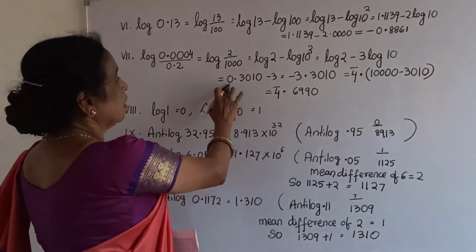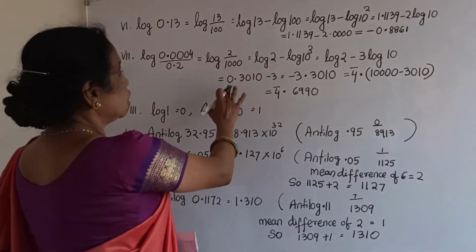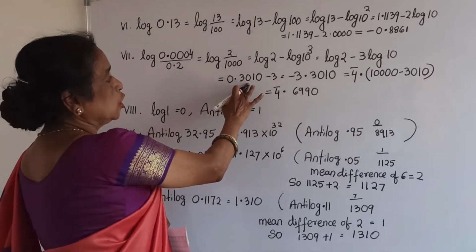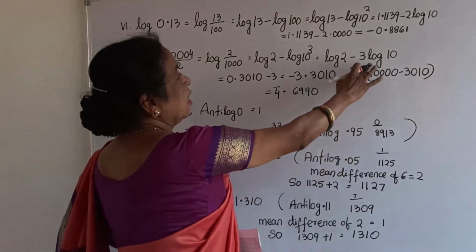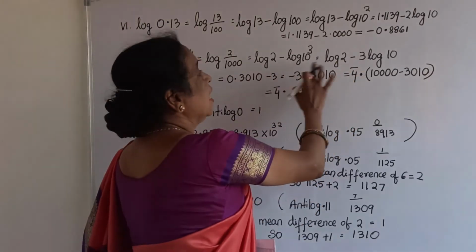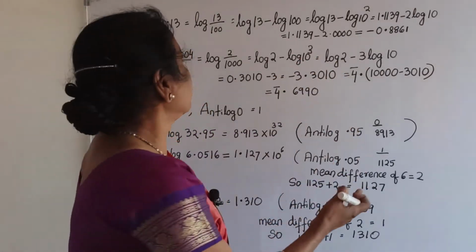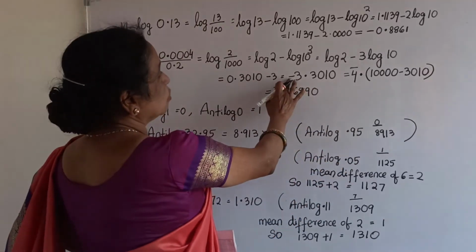That is why 1 minus 1 equals 0. So what is the value of log 2? 0.3010. Now here 3 log 10, so it is minus 3 because minus is there, and 3 log 10 the value comes to 3.